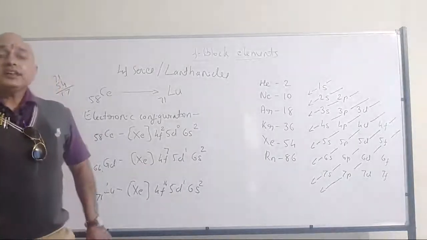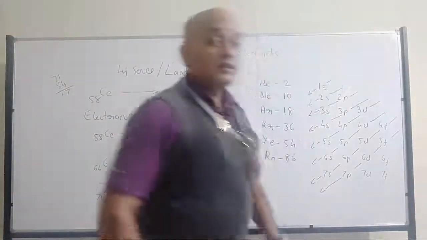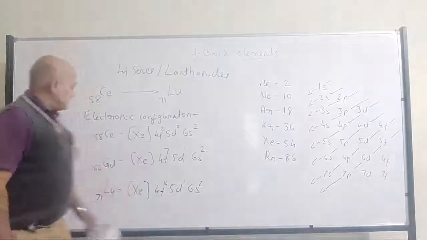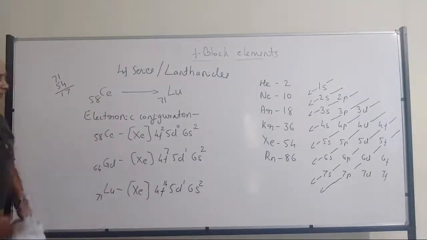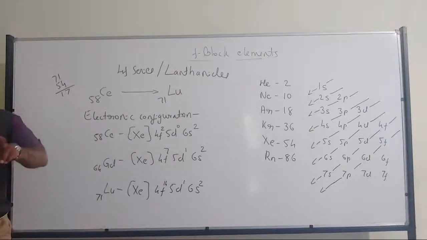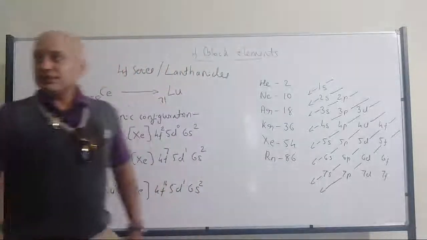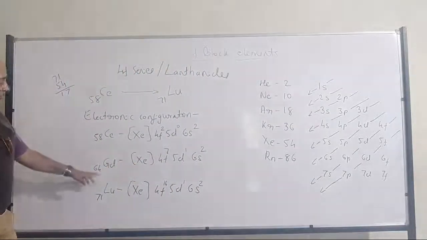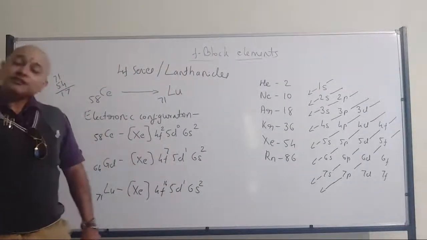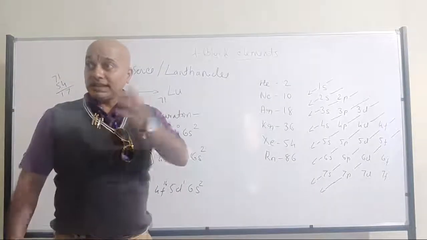Now if that is the case, what about 63? It will go to 4f8 and fit like that, or it will change based on the ionic condition. At 63 it will not have 4f7; it will have the regular configuration. But at 64, to attain stability, it becomes 4f7. Two or three electrons cannot shift like that.